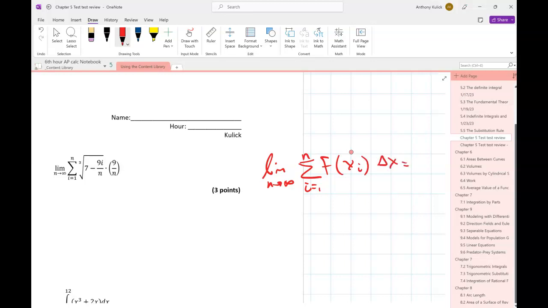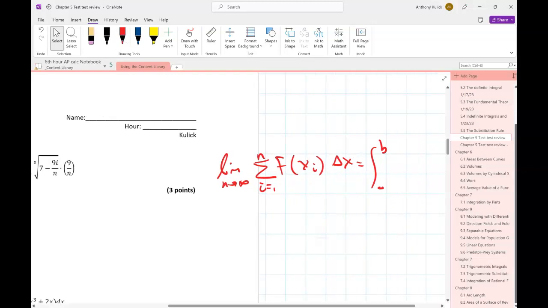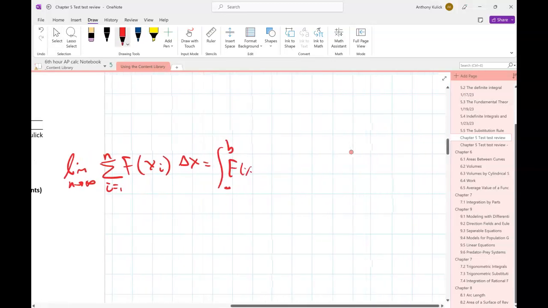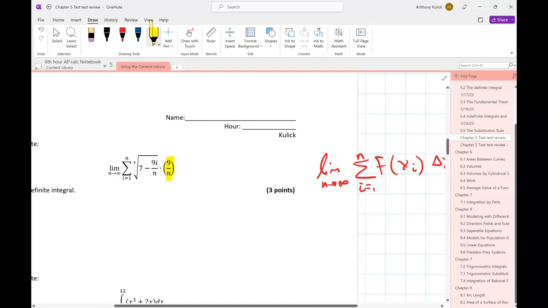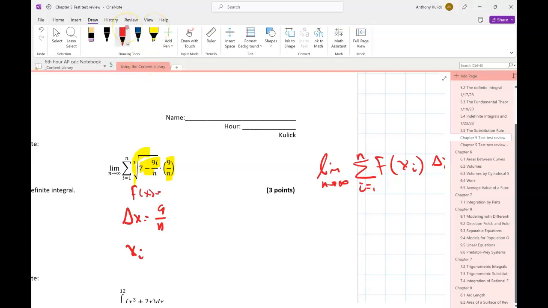So this is equal to the integral from a to b of f of x dx. From looking at this, I can identify this as my delta x, and this guy as my xi, and this as x cubed, or a cube root of x, right?